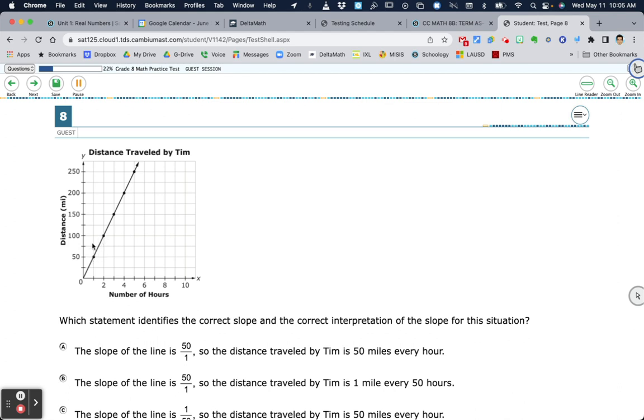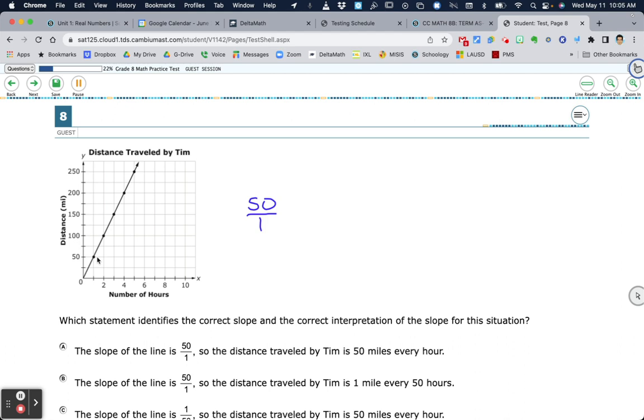So first our rise, how much? We go from 50 to 100. So that's 50. Then we go from 1 to 2. So that's just 1, right? So our slope is 50 over 1, not 1 over 50. Okay, I see 50 over 1. Now, what does it mean?